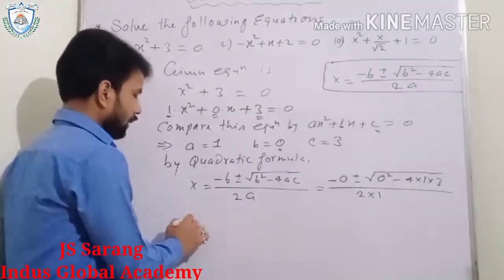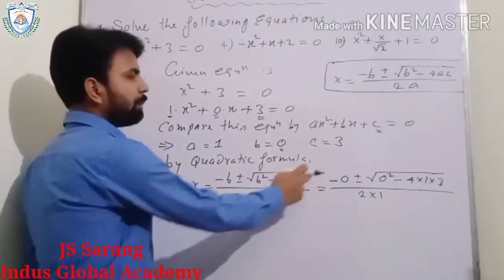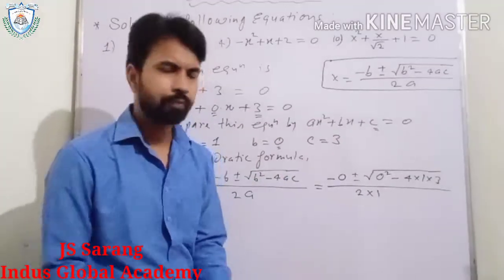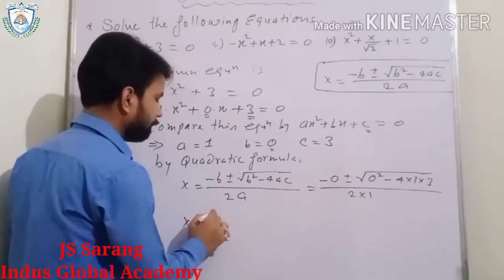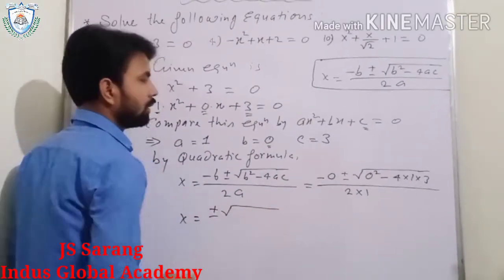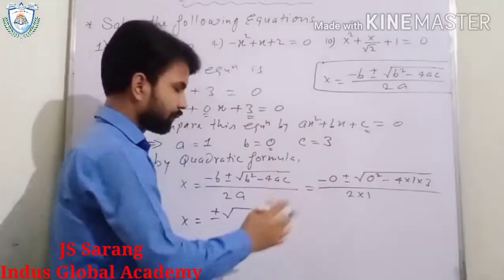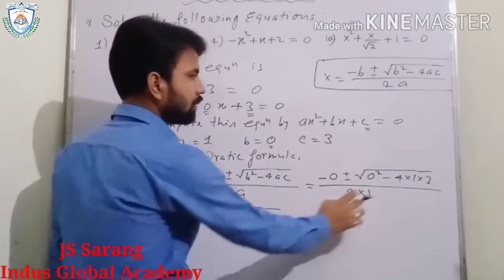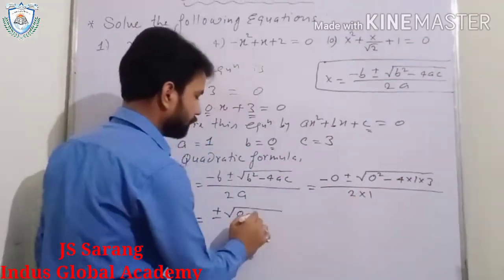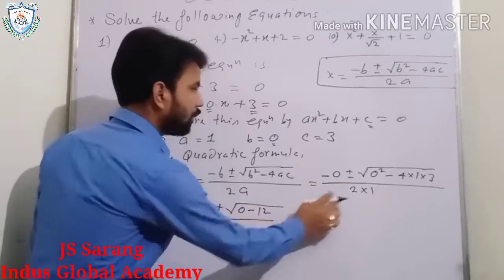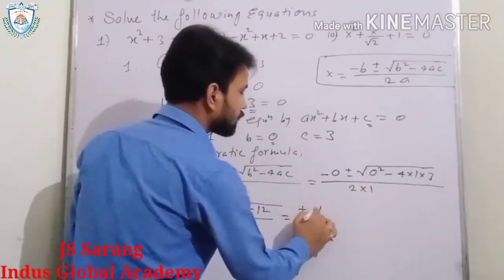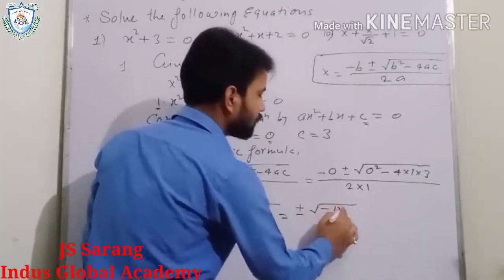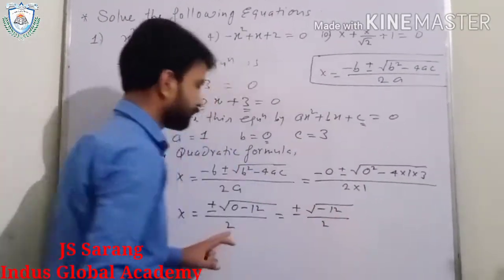Good. Now x equal to, minus 0, that means 0. So we can remove this. Only plus minus is remaining. Under root 0 square is 0 minus 4 ones are 4, 3s are 12 upon 2 ones are 2. So now we will get plus minus under root minus 12 upon 2.